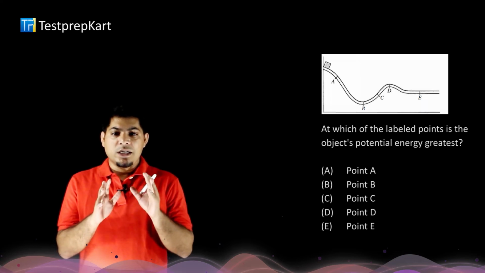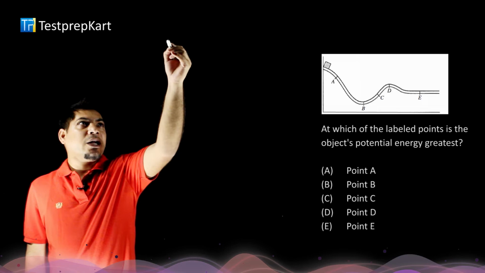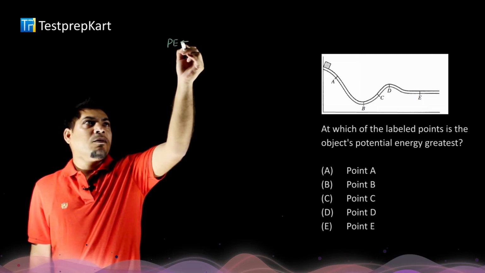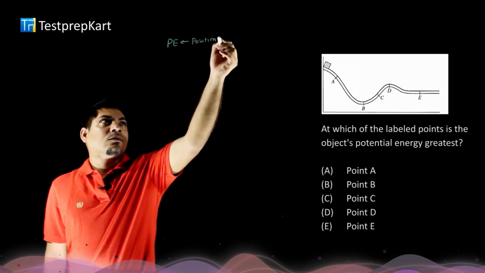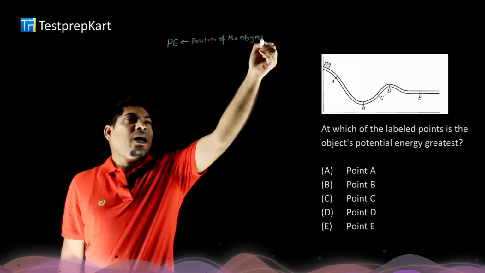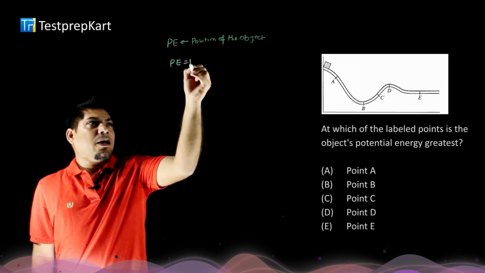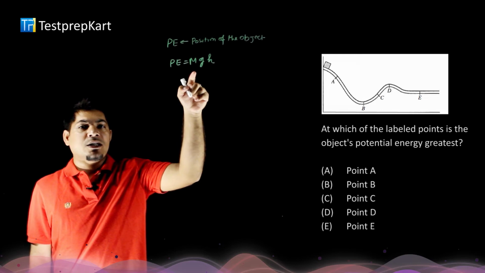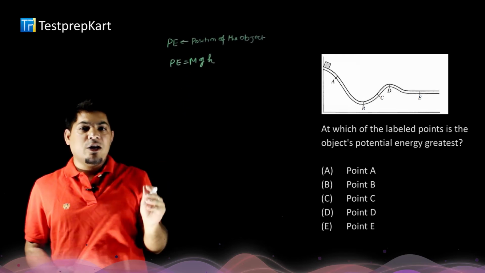So this question is based on the concept of energy. As we know, the potential energy of any object depends on the position of the object, and it can be termed as mgh, where m is the mass of the object, g is acceleration due to gravity, and h is the height of the object.